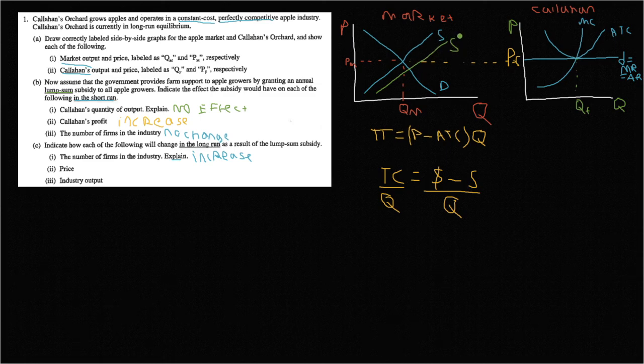It does not ask to draw this, but this is just me showing. And so the price is going to drop for the entire market because there's tons more people selling the good. The whole market price will decrease because there's more people selling it, so people want to sell it cheaper.